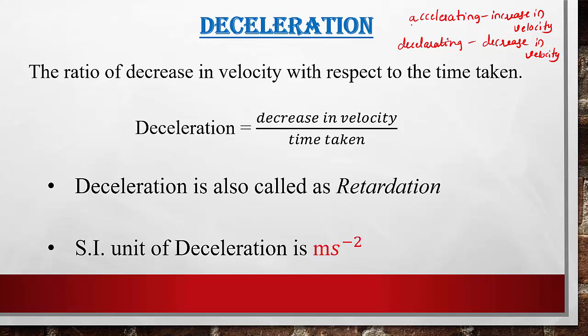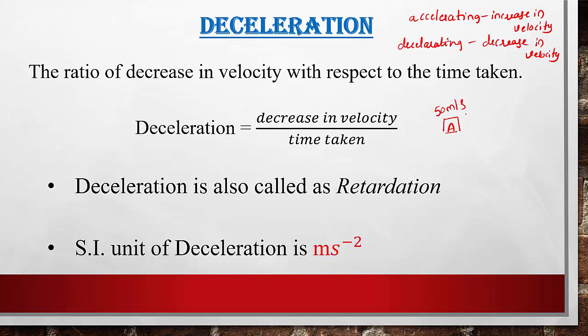Then how to define deceleration? It is the ratio of decrease in velocity with respect to the time taken. For example, if we are moving in a car, initially it is at point A having velocity 50 meter per second.